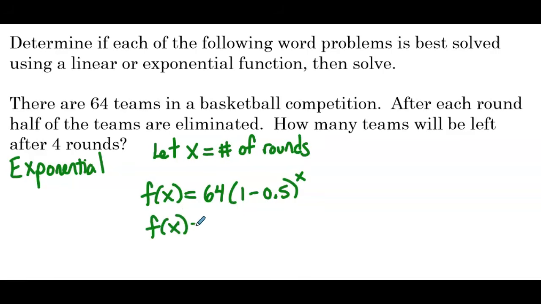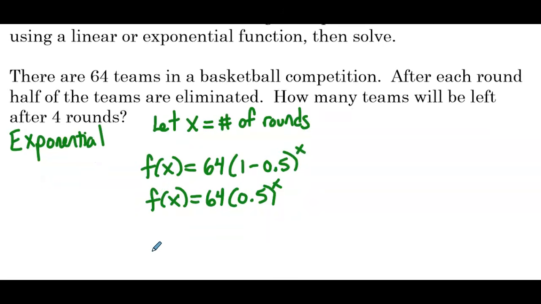So f of x equals 64 times 0.5 to the x. We could also write this as f of x equals 64 times 1/2 to the x.